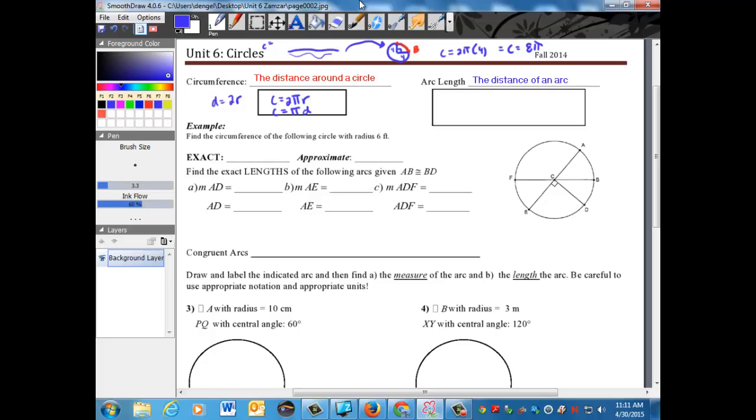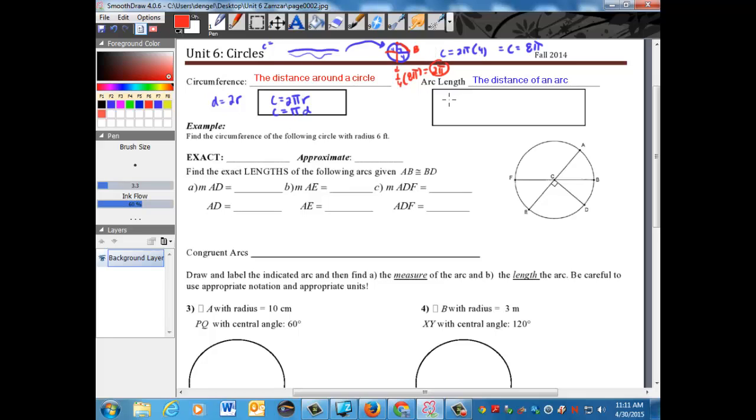But remember that when we find the arc length, we only want to find this piece. So how long is this piece from A to B? Well, it's not 8 pi, but since this is a 90-degree angle, there are 4 90-degree angles in all circles, right? And so this would be considered 1/4 of the total circle. So this arc length in this problem we could say is 1/4 times 8 pi, which would give us 2 pi.